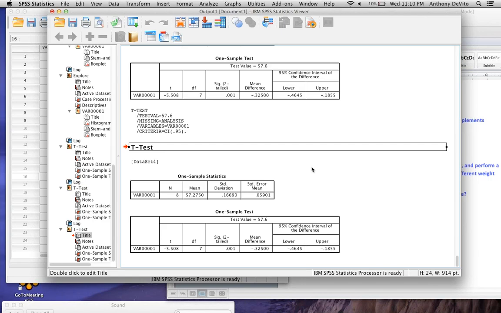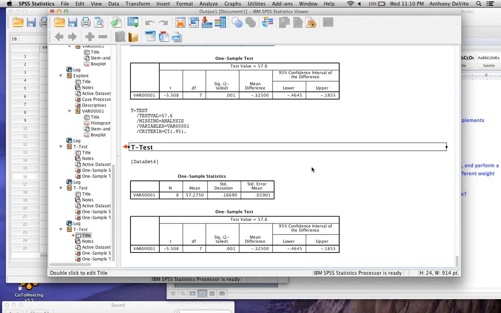Okay, a little bit of linguistics there, but it's meaningful, right? Because even though we fail to reject the null hypothesis, it doesn't mean that we're accepting that it's true. It just means that we don't have enough information to reject it. Because really, all we know is it's within our 95% confidence interval.